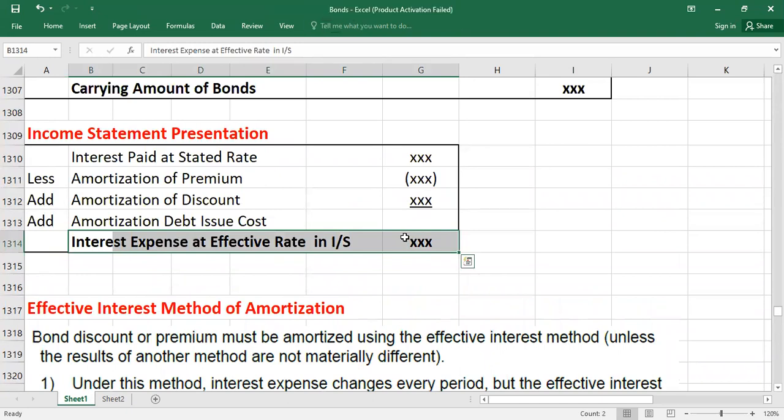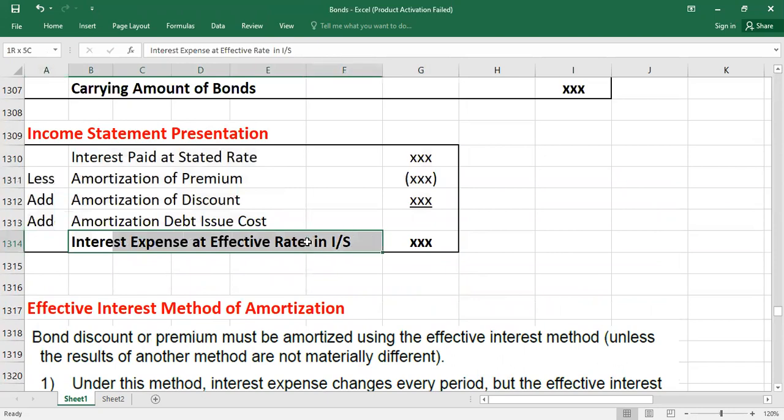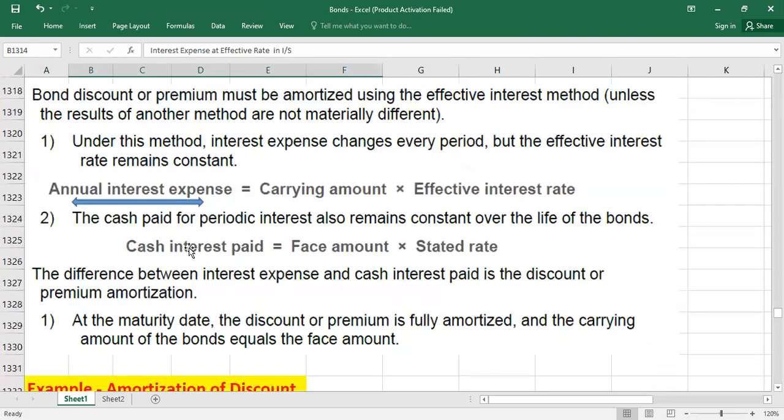This value you can also calculate using this format: interest paid at stated rate, less amortization of premium, add amortization of discount, add amortization of debt issue cost. This will always be equal to effective interest expense. In short, we need carrying amount times effective interest rate.